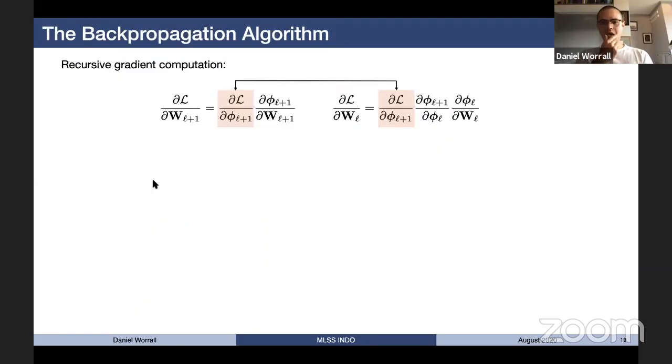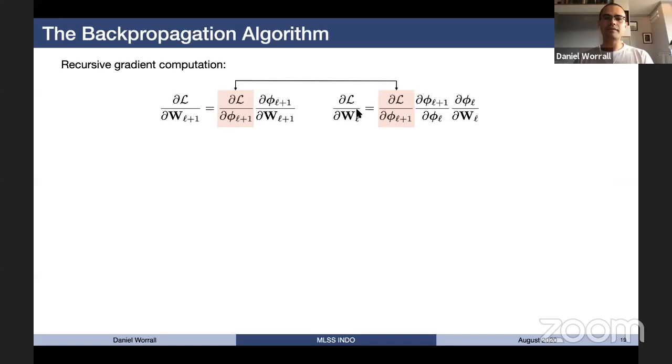Okay, so going back to trying to compute these gradients, what you can do to make this more efficient is there's something called the backpropagation algorithm. And it says if I want to compute the gradient of my loss with respect to the parameters at layer L+1, I can write it as the gradient of the loss with respect to the output of my layer times the gradient of the output of the layer with respect to its parameters.